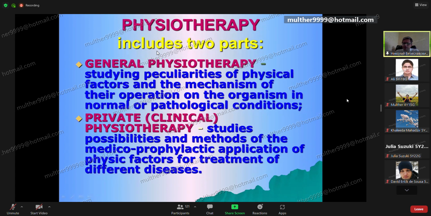And the second part, which has high practical significance, private or clinical physiotherapy, which studies possibilities and methods of the medical or prophylactic application of different physical factors for treatment of different diseases. This is the principal difference between general and private physiotherapy.